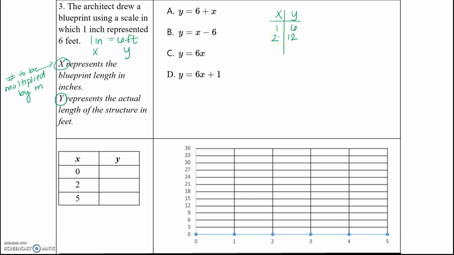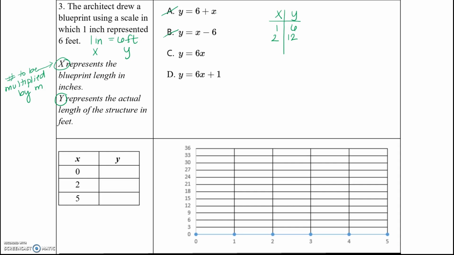So I multiplied 6 times my x. So let me make sure. If I plugged in my 1 to x, I would do 6 plus 1, and that would get me 7. Well, that's not what I want. And then here I have x minus 6. Well, 1 minus 6 gets me 5. That doesn't give me the length in feet, okay? So these don't look right.